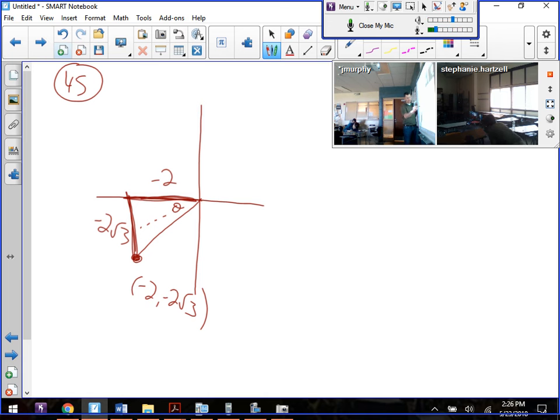So that means this has to be 4. It's a 30, 60, 90 triangle, following the pattern. If I do Pythagorean theorem, I would get my hypotenuse and radius to become 4. This one's asking for the cosine of theta. Cosine here is your adjacent over hypotenuse.